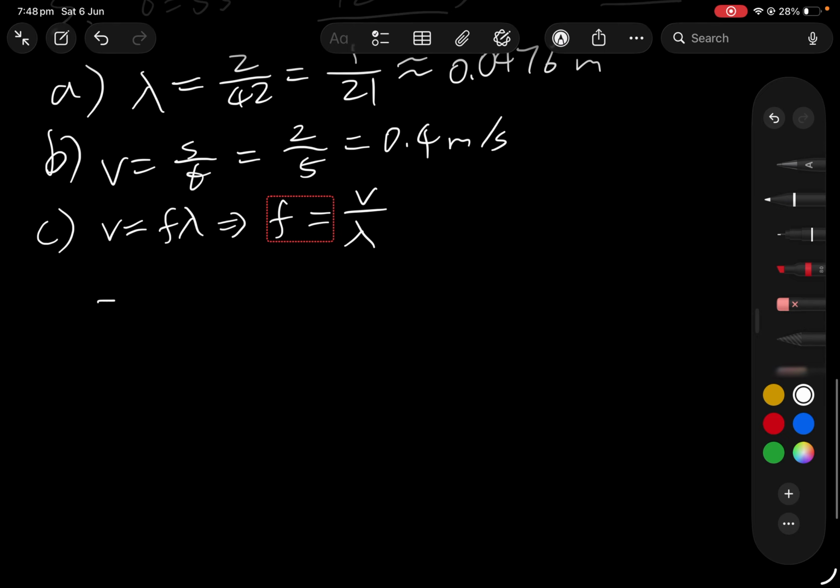That equals 0.4, we already found out what they are, over 1 over 21. And that should equal 0.4 divided by that, 8.4 hertz. And that's it for the questions.